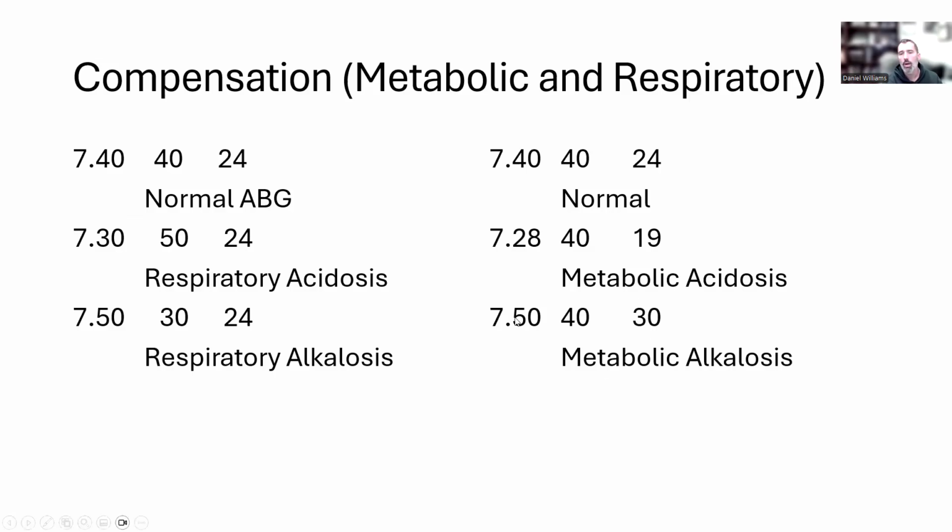So we have a metabolic alkalosis, and in order for this pH to go back closer to normal, that pH is going to need to be reduced. How is the respiratory system going to do that? By allowing that CO2 to climb. So if the CO2 were to go up, assuming that the bicarb is unchanged, that's going to begin to drive the pH down.